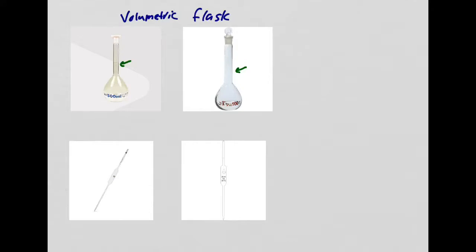Now, if I use a 100 ml volumetric flask, what's the only volume I can measure? 100 ml. If I use a 500 ml volumetric flask, the only volume I can measure is 500 ml. I fill it up to the line. Do not go over the line. It's not graduated. If you pass this line, then you don't know how much you have.